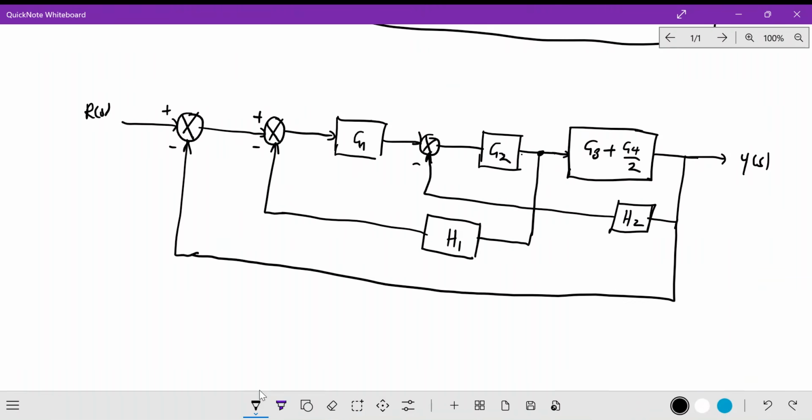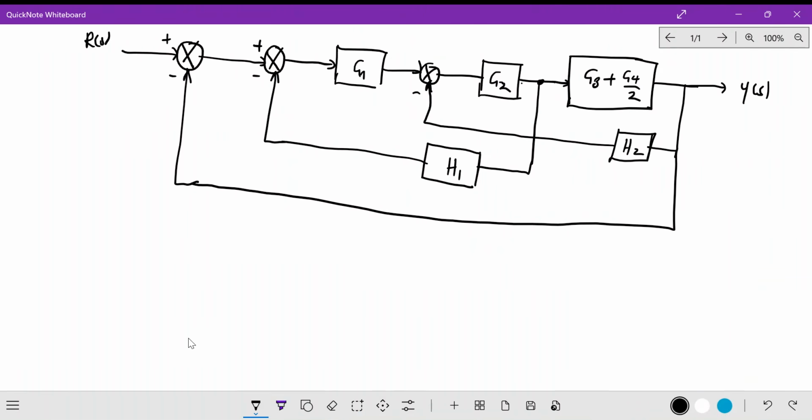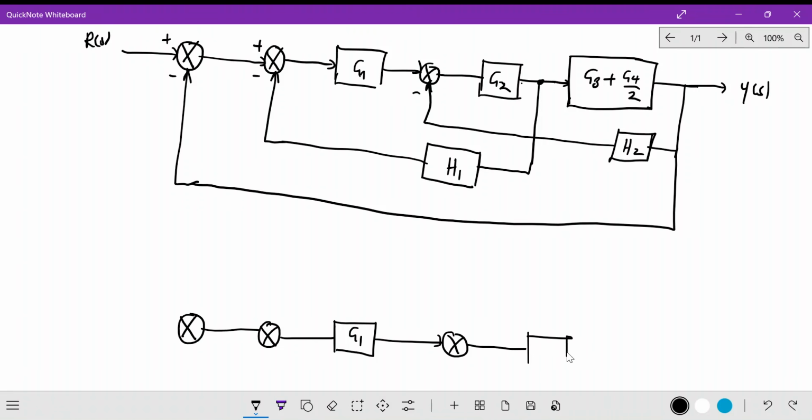All right, so let me just draw the diagram. This is G1. This is a summing point. And then this is G2, right?